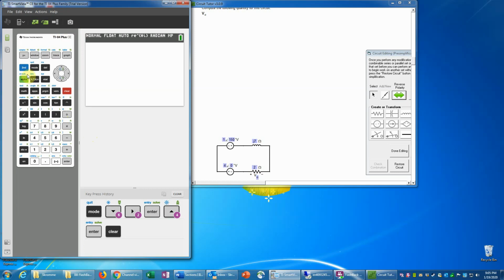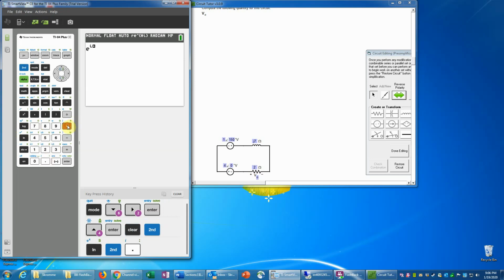So what I'm going to do is define a value. So I'm going to write an expression, which will be e. So I go second logarithm, which is e to the x. And now I'm going to enter an i times pi, so second pi here, divided by 180, which is degrees.